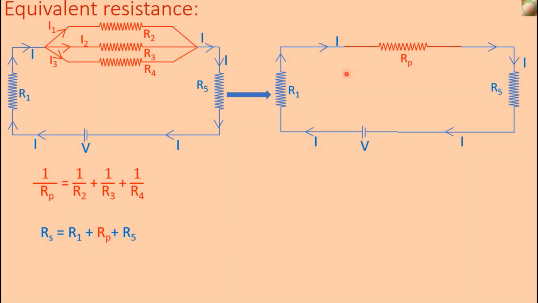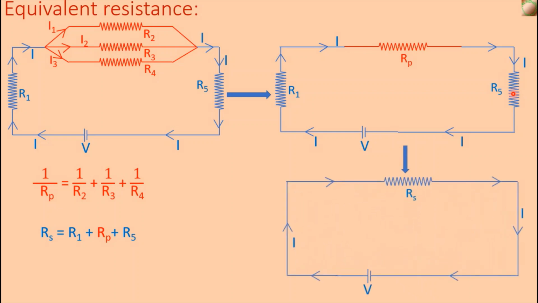This is the equivalent resistance of resistances R1, Rp and R5. Now our new circuit is this one. Here Rs is the equivalent resistance of these three resistances.